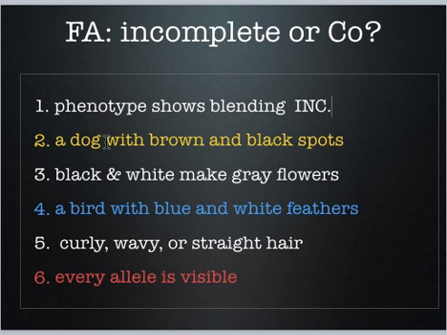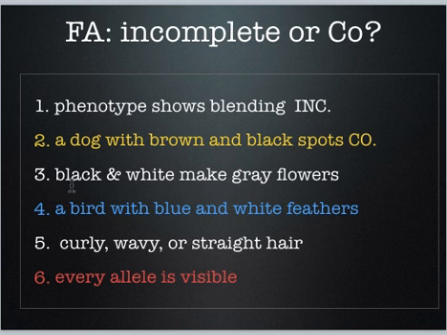Number 2, a dog with brown and black spots. So you see brown and you see black at the same time. That's definitely not number 1. There's no blending there. So this is going to be codominance. And I'll just abbreviate. All right, a black and a white.